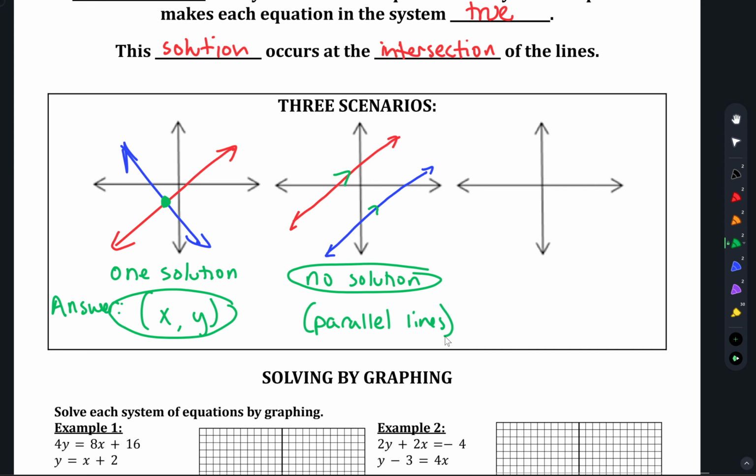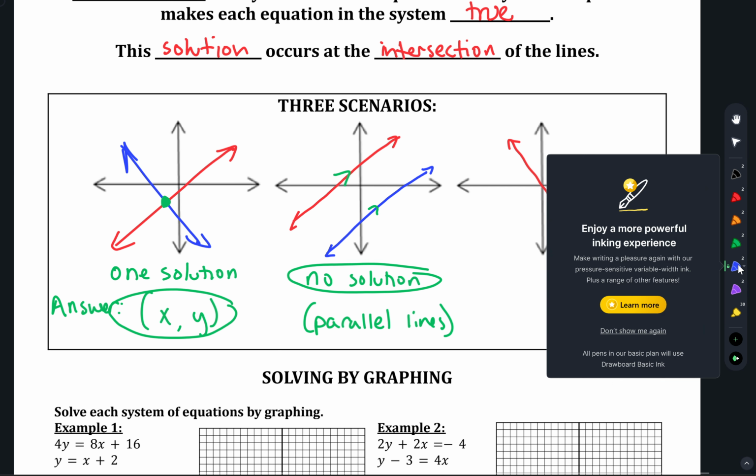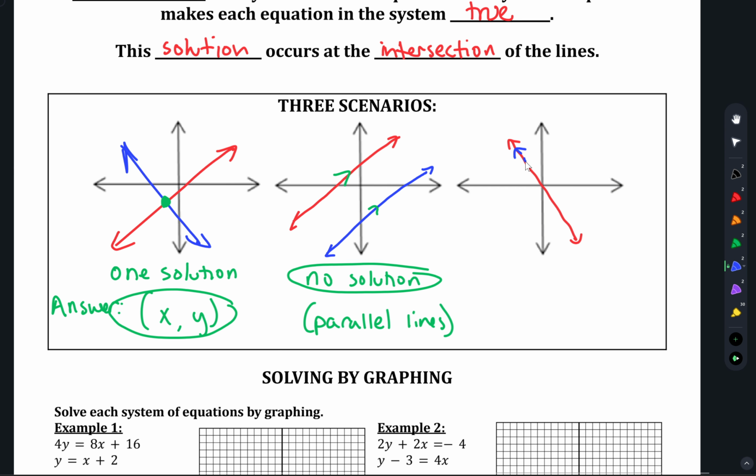Lastly, what might happen when we graph a line is I might graph one line, and then my second line goes right on top of that first line. So when the two lines are exactly the same, meaning they're overlapping in every single location, that means we have infinitely many solutions.